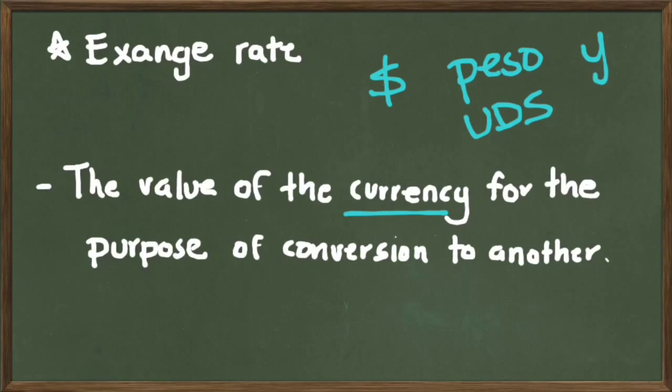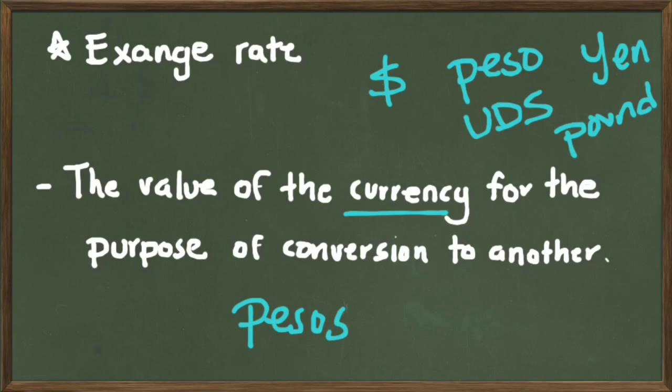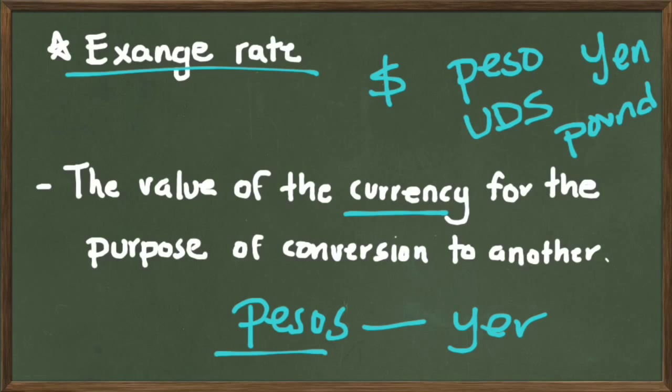We have the yen in Japan. We have the pound over there in Europe, etc. So the value of the currency when we want to change from pesos to yen, for example, there's an exchange rate. There's a difference. The peso has some value, and the yen has a different value. Okay, so that's what it means.